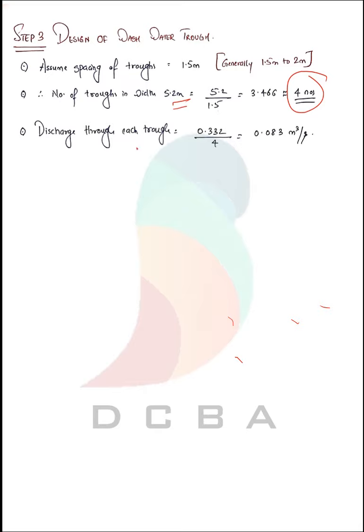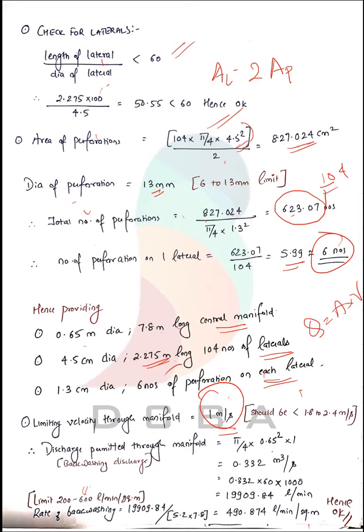Discharge through each trough is 0.332 divided by 4, which is equal to 0.083 meter cube per second. Now this 0.332 meter cube per second comes from this point where we calculated the discharge through the manifold.